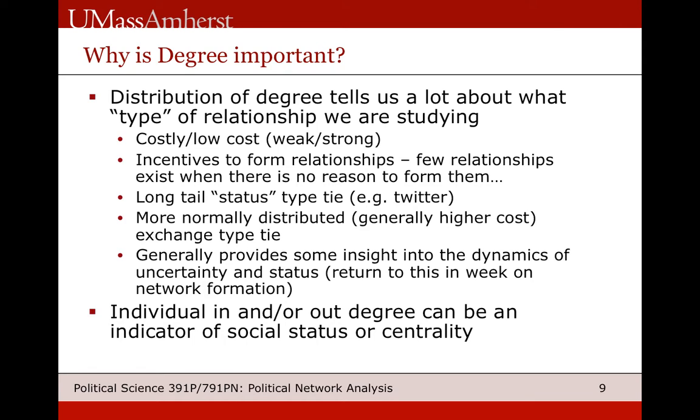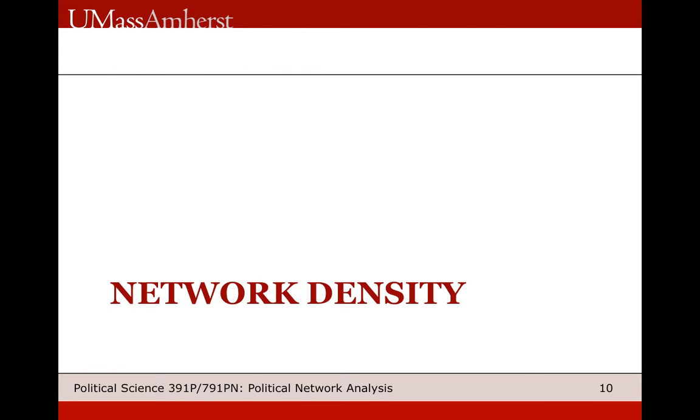It's always the case, and we'll come back to this with the concept of degree centrality, that looking at in degree and out degree can often be an indicator of social status or prominence in a network.